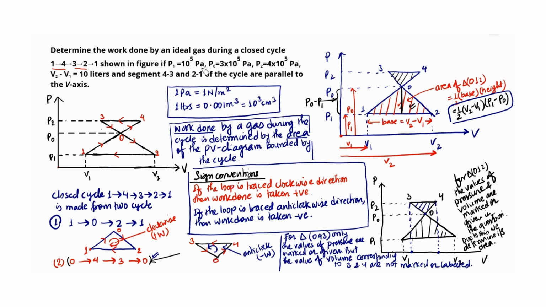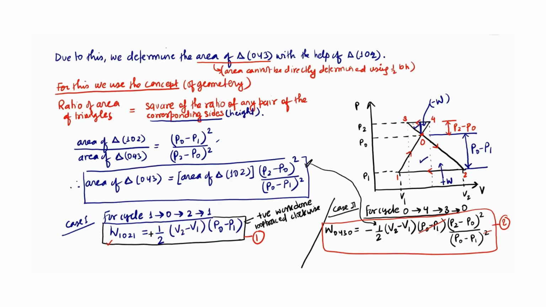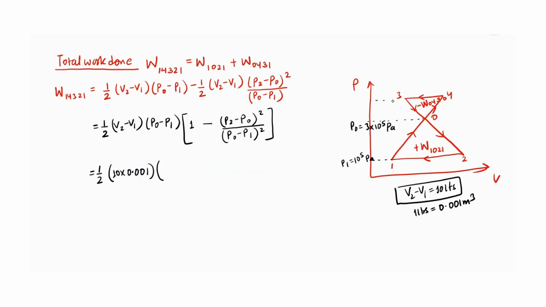See, we have P1, P0, and P2. P2 is 4 times 10 power 5 Pascal, okay? So we have this. So P2 is 4 times 10 power 5 Pa. So we can find the difference, okay? P0 minus P1. So we have 3 times 10 power 5 minus P1 is 10 power 5, okay? So we have this 1 minus.